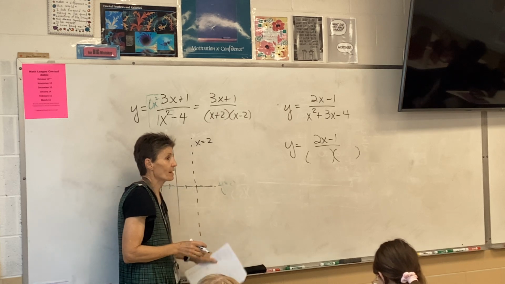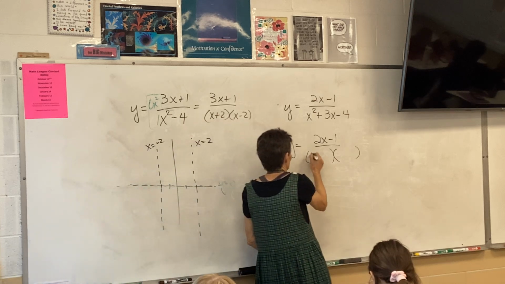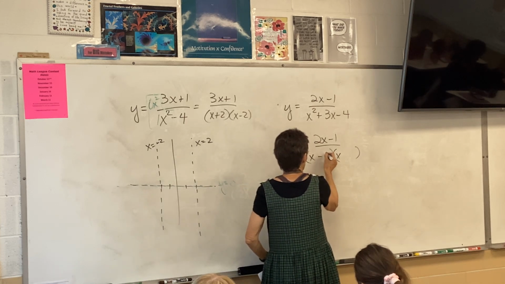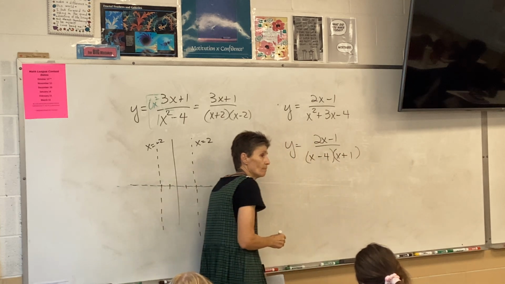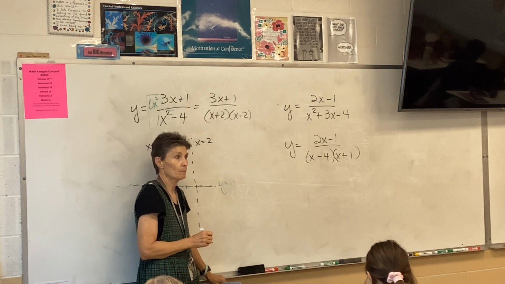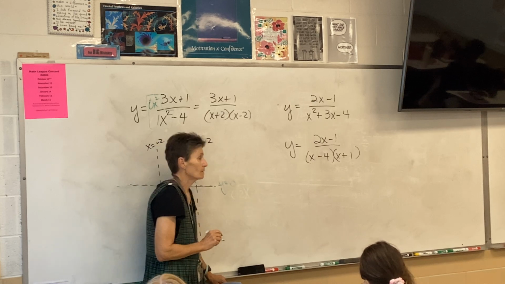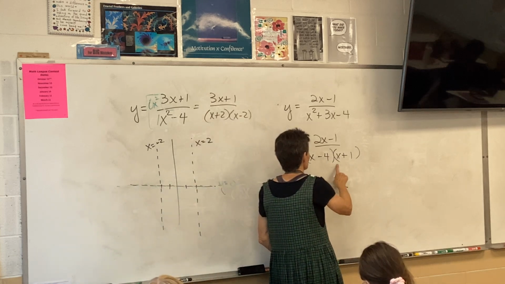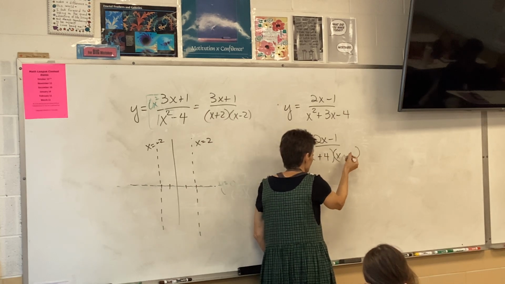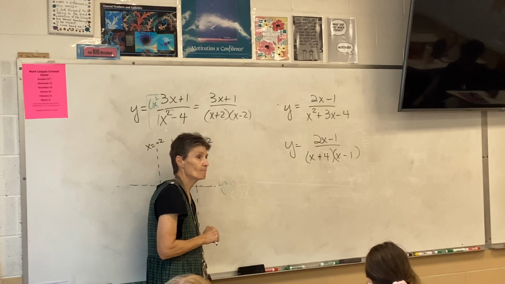How does the bottom factor? -4, +1. I see a couple of heads going like this. Let's check it and see what's wrong with it. Won't that give me a -3? So I'll make this positive and that negative. Leo, is that right now?